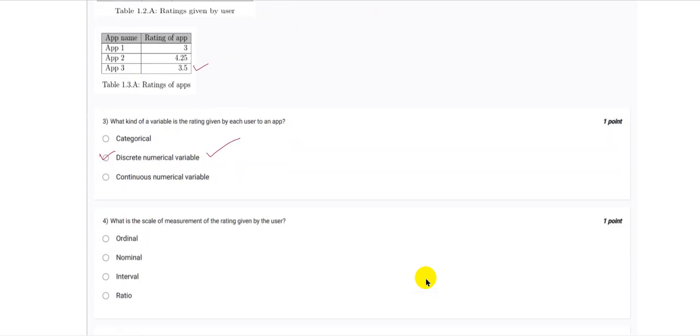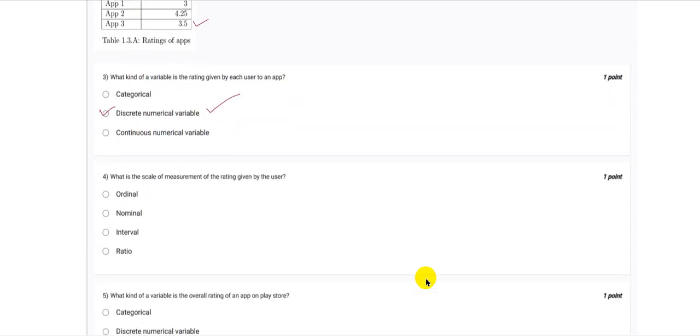Next question. What is the scale of measurement of the rating given by the user? As we can see, it is a numerical variable, and we can perform arithmetic operations like addition, subtraction.